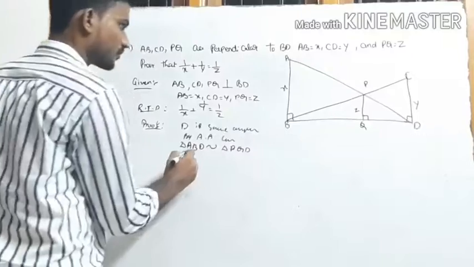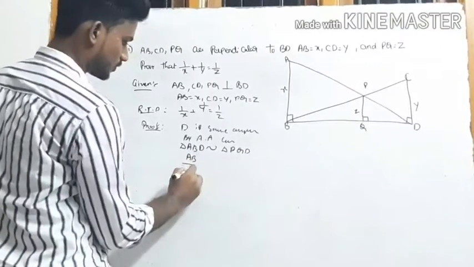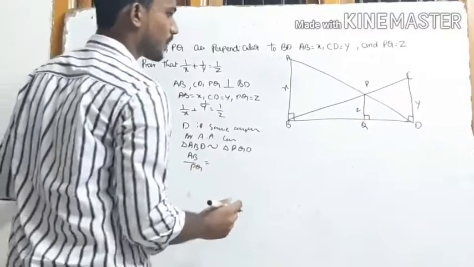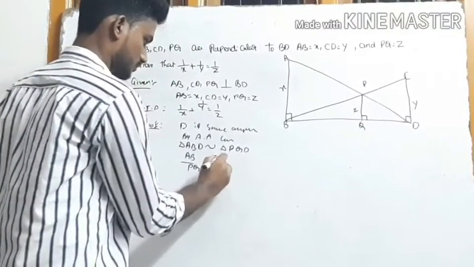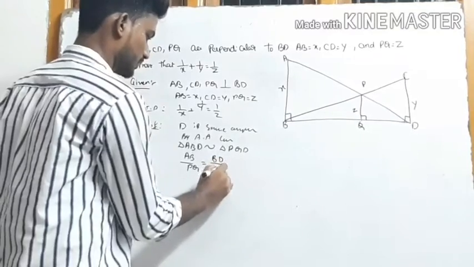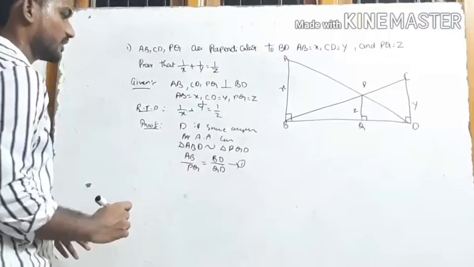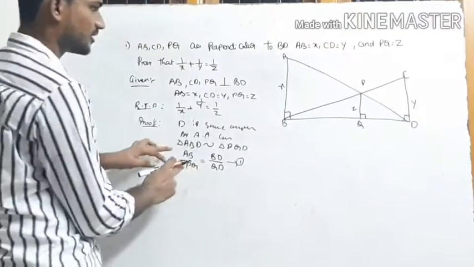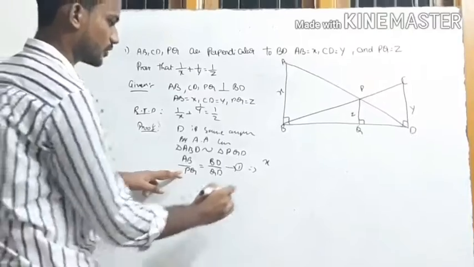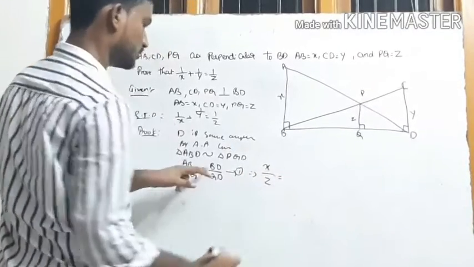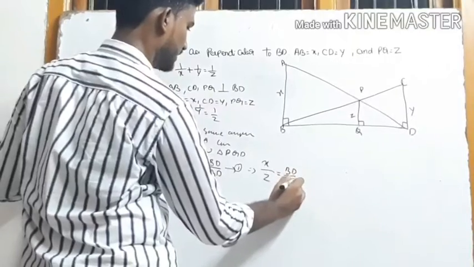From this, AB by PQ equals BD by QD. This is the first equation. Here AB equals x, PQ equals z, and BD we don't know, so we write BD by QD.